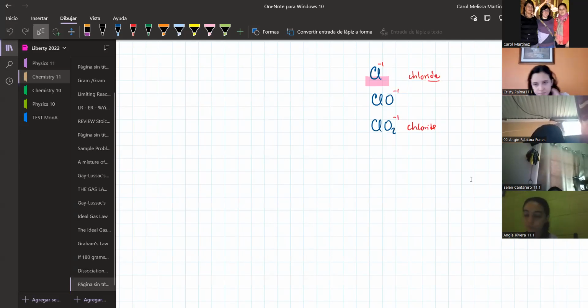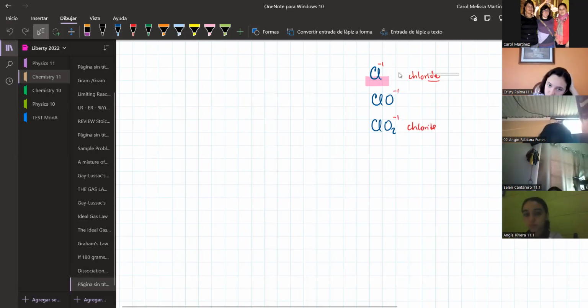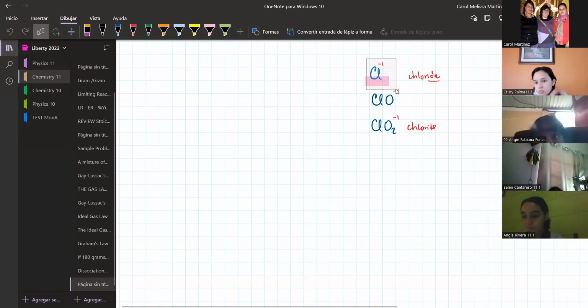In Spanish, cloruro, clorito, hipoclorito. Okay, so there's a slight difference in English, but a big difference when you pronounce it in Spanish. So cloruro refers to the binary one, so it's going to be just Cl with a charge of -1.